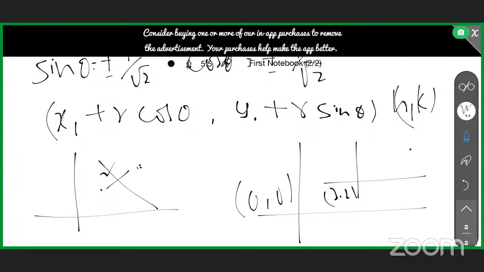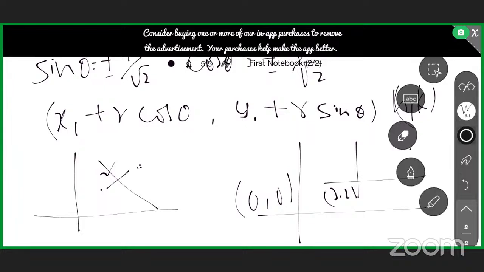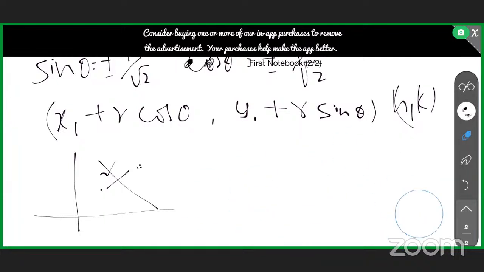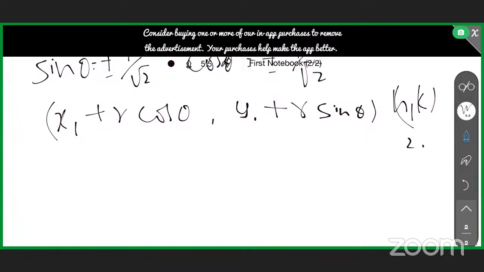So it is x1 plus r cos theta comma y1 plus r sin theta. So I got my x1 and y1 values. x1 and y1 is 2 comma 2 and r, how much is given? 2 root 3 units, and the sin theta and cos theta values you know.